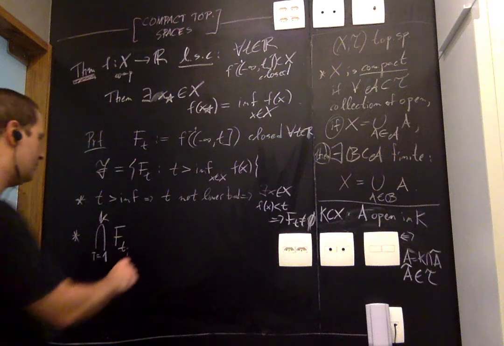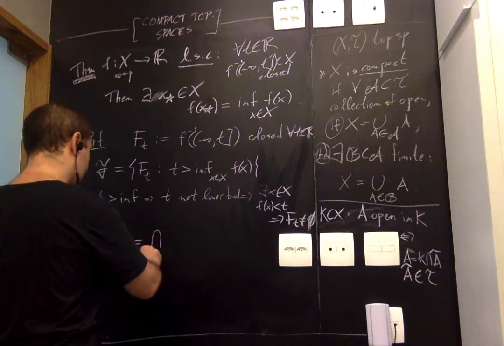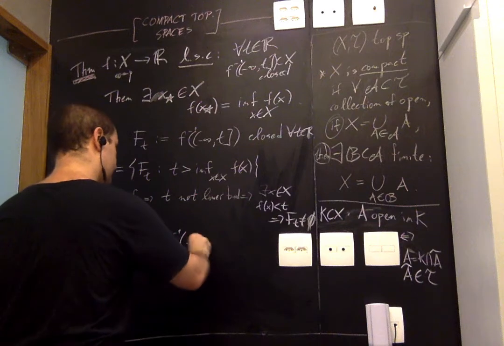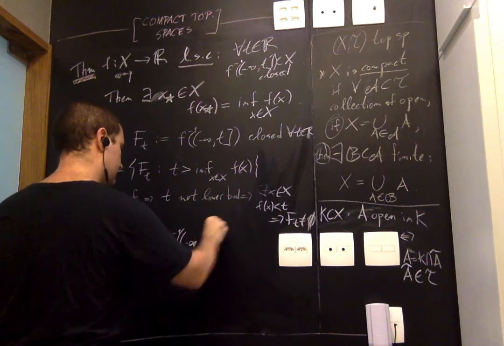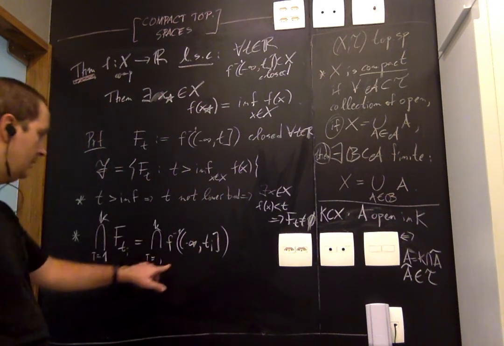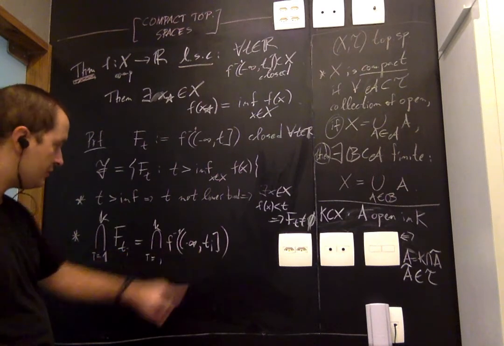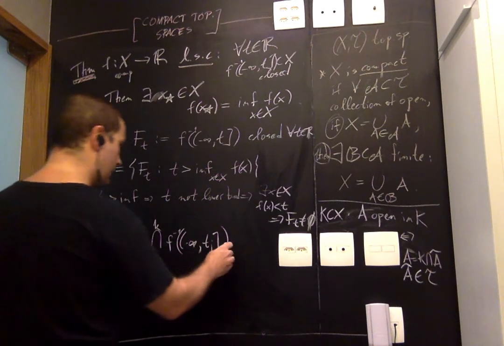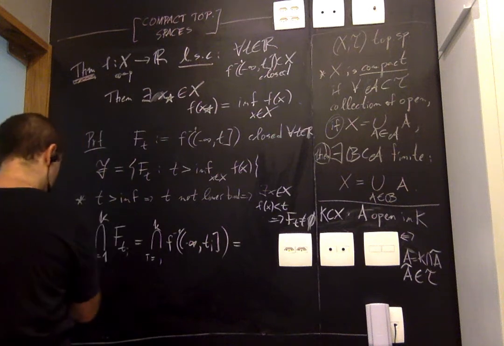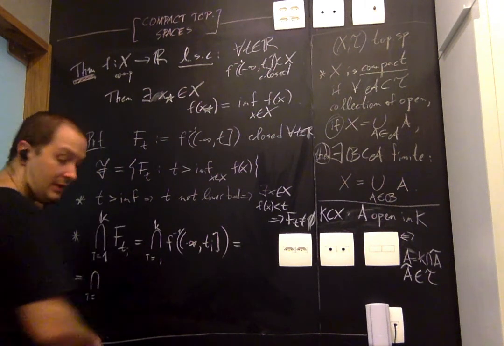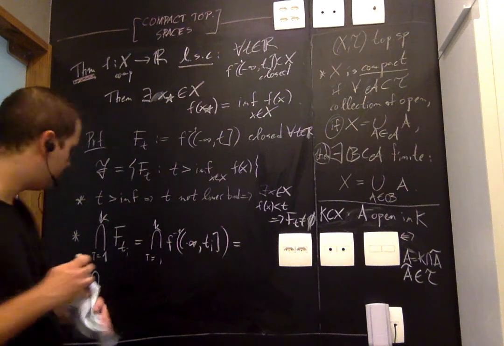What is that? That's the intersection of preimages, and when you have an intersection of preimages, we saw at some point that's the same thing as looking at the preimage of the intersection.